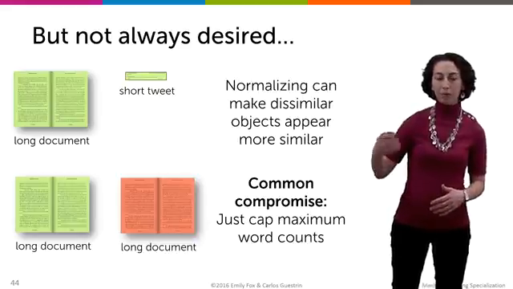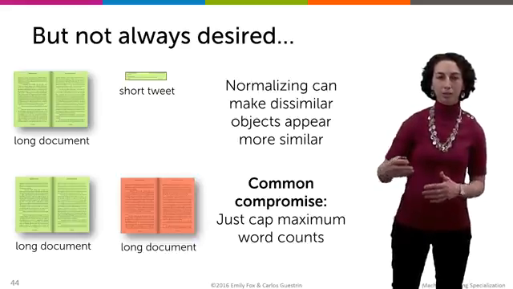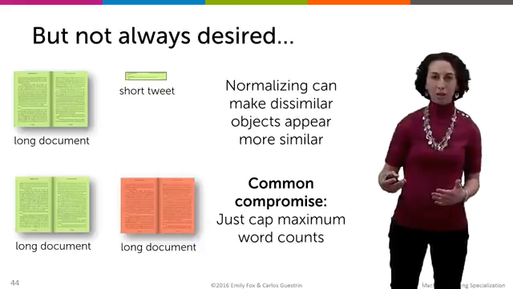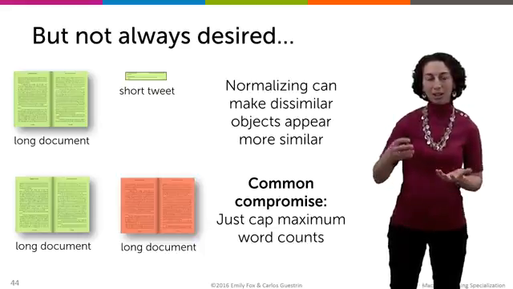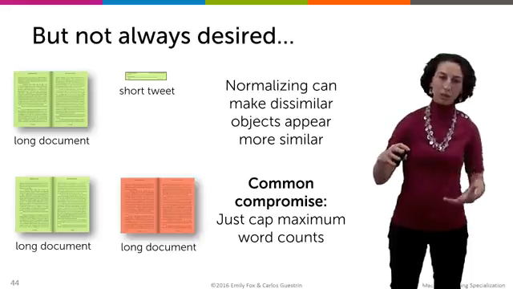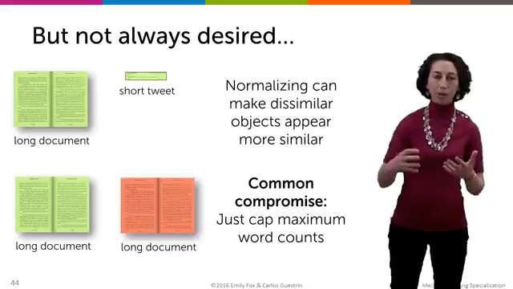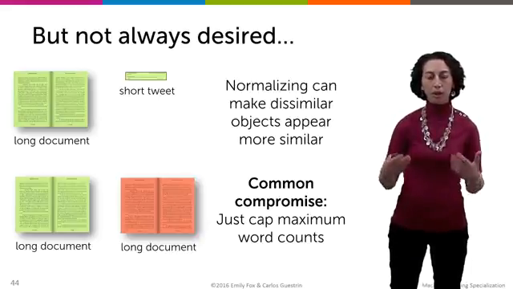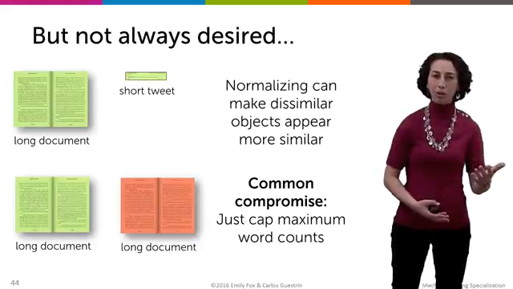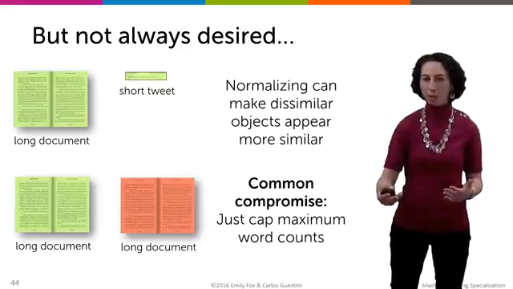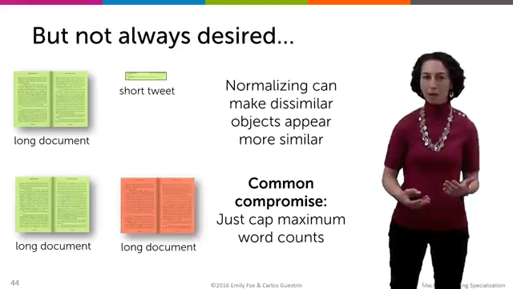And then on the other hand, we have a really short tweet. Very, very little content to it. If you look at the cosine similarity between these two, that's going to make that tweet and this really long article appear much more similar than they are in reality. And if somebody's sitting there reading a really long article, do we really want to suggest that they go and read a tweet? Maybe not.